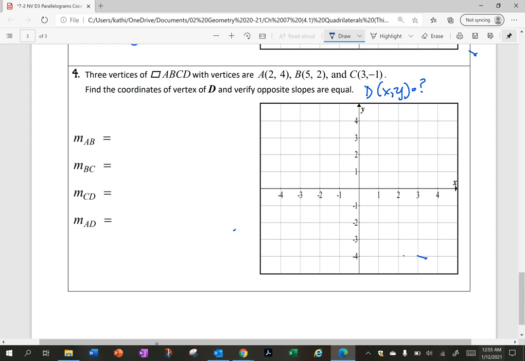A is at 2, 4. B is at 5, 2. C is at 3, -1. Okay, so we got ABC.